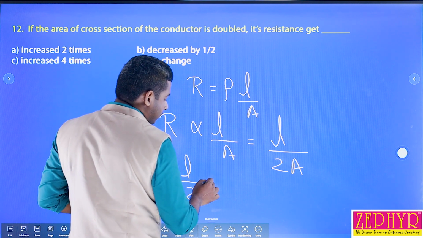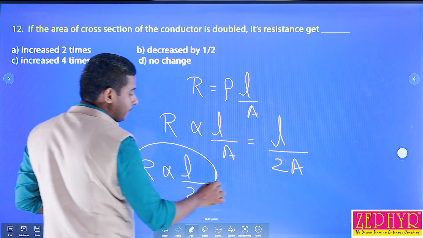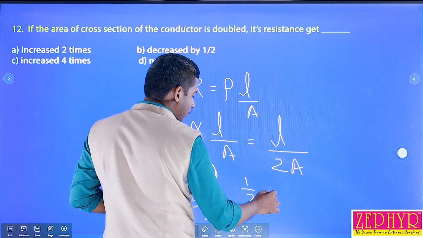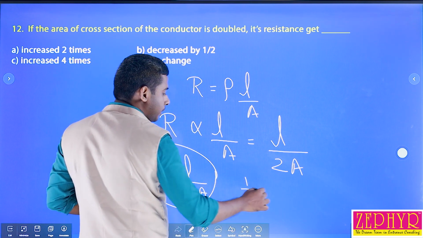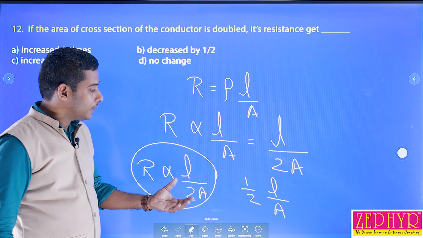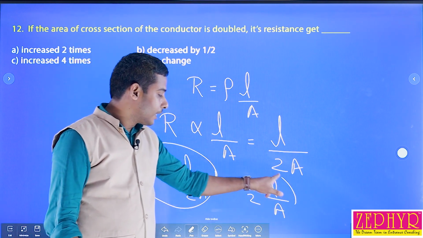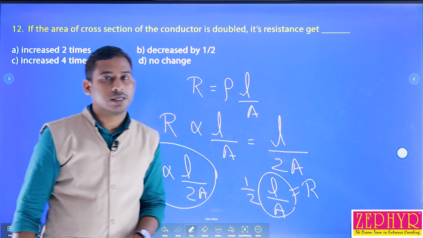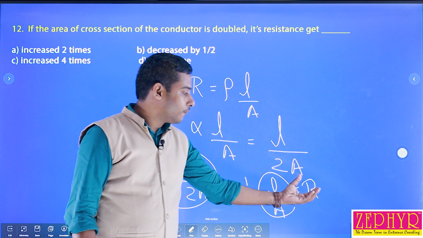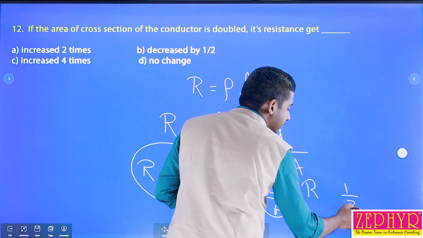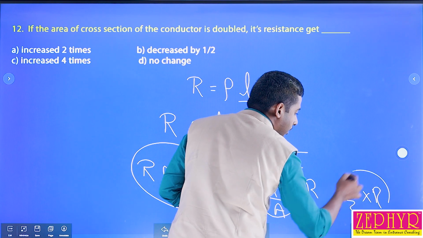So, we can modify this like 1 by 2 into L divided by A. That means this L by A is equivalent to resistance. So, that value will change into half, that is half into R.